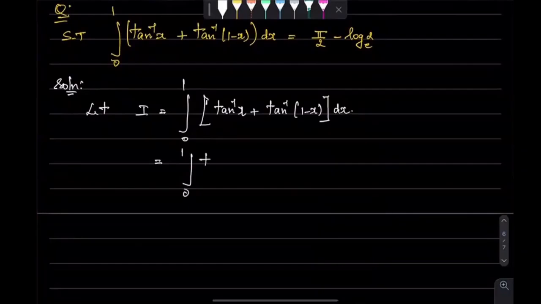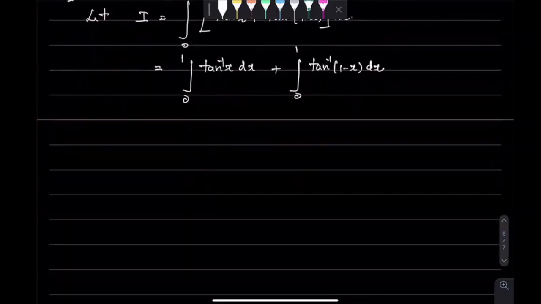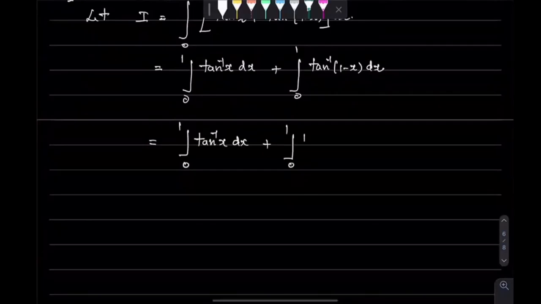I'm going to simplify this as integral 0 to 1 tan inverse of x dx plus integral 0 to 1 tan inverse of 1 minus x dx. So what do I get next here is that I'm going to apply the property. First one, I apply 0 to 1, I can simply have it as tan inverse of x dx. Whereas the second one, if I can apply, what do I get? 0 to 1, I get tan inverse of 1 minus of minus, it becomes plus x dx. Make sense?